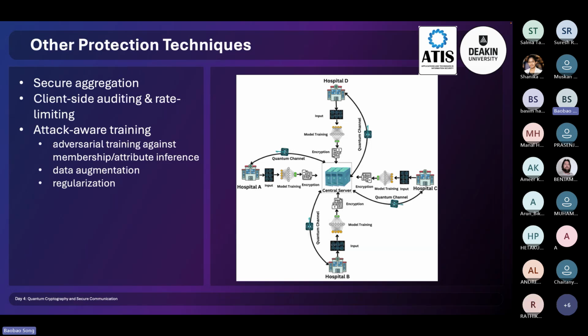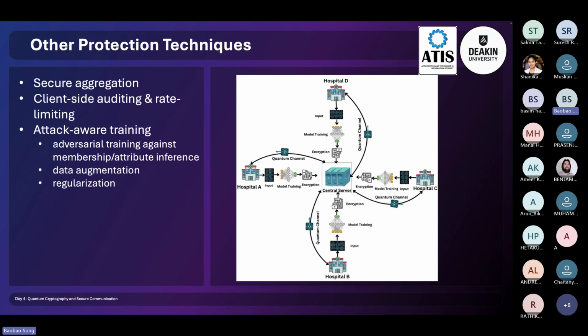So from the client side, we may do an auditing process or limit some performance or some operations of the client. And the third one is attack-aware training, where we can do another step to avoid the attack, such as data augmentation.